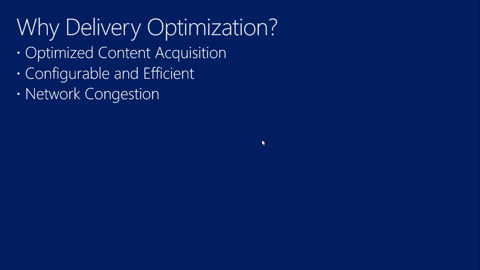And the ultimate goal of any peer-to-peer solution is to reduce network congestion, whether that be on your LAN, whether that be on your WAN, same thing. So prevent overloading corporate networks and being able to, again, share content seamlessly with peers that are configured.